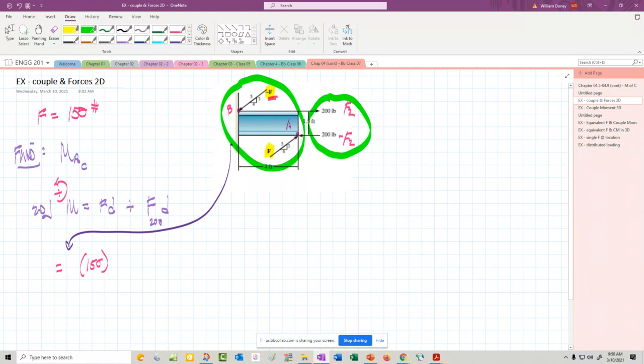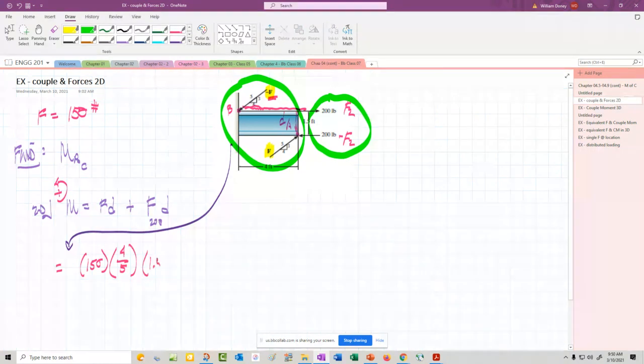150. I have to find the x component. That's 4 over 5 using that little triangle. And then the perpendicular distance. That's going to give me the position, the force here, the component here. So I need this distance. That'll be times 1.5.